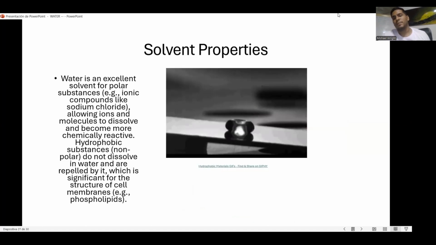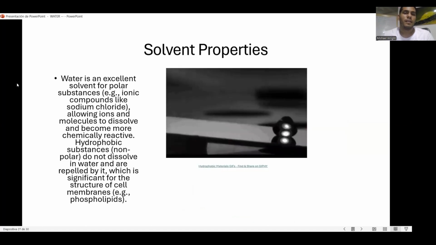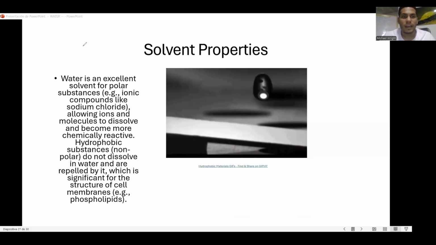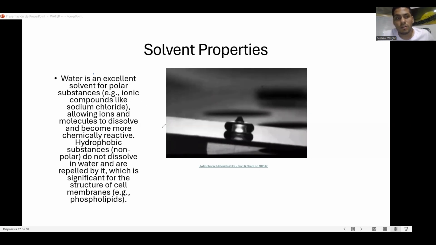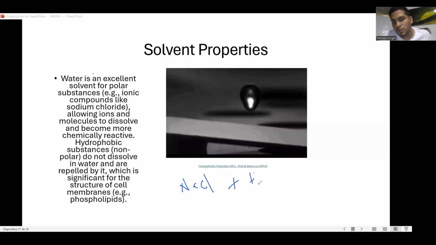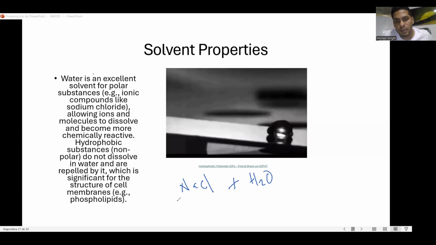Right? So water, as we have said, is the universal solvent. Water is an excellent solvent because of its polarity, right? An example is ionic compounds like sodium chloride, which is table salt.